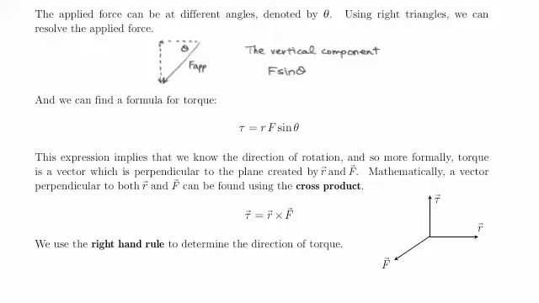There are other examples in physics. Basically, this is described by the cross product. Mathematically, torque is the cross product of the radius and the force, and we would use the right-hand rule to determine the direction of torque. But we're not going to get into that amount of detail at this point.